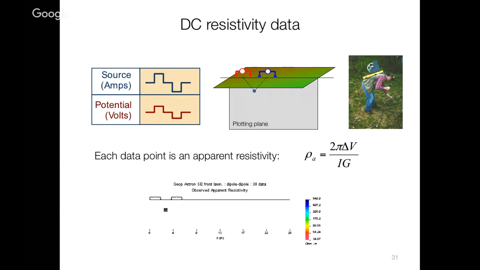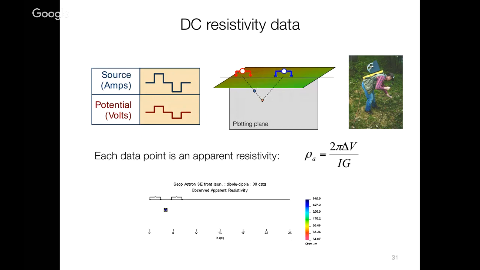I'm going to do it in the following manner. I'm going to draw a 45-degree line here, and where they intersect, plot the apparent resistivity. So I could measure the resistivity, and I'm going to plot that value right here.